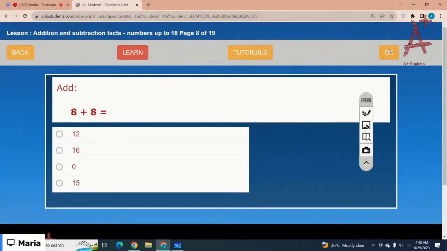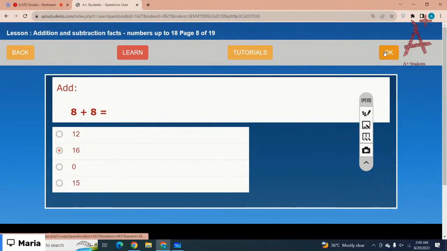8 plus 8 equals, you have to add. So 8 plus 8 makes 16.